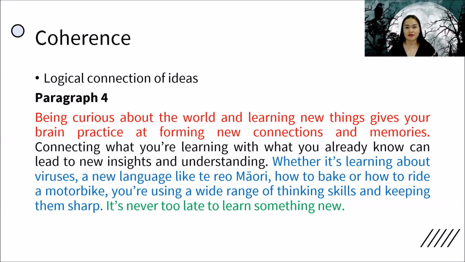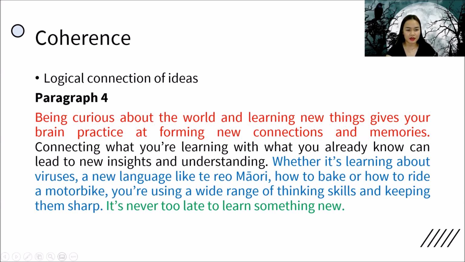Revising and learning something new are two different things, right? So if you add revising for examination as the example, it is actually out of topic. So remember, coherence is when everything is connected to each other, when none of the sentences are out of topic. Okay, so that is coherence.